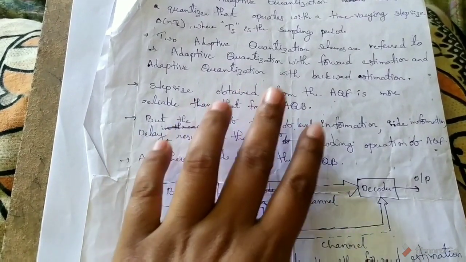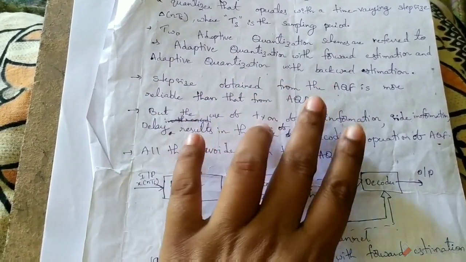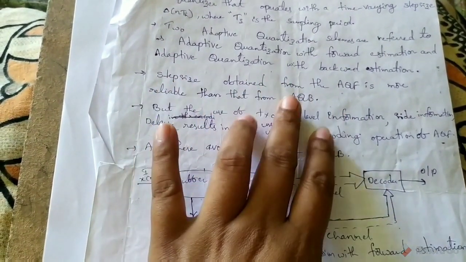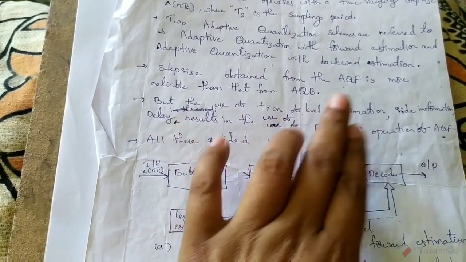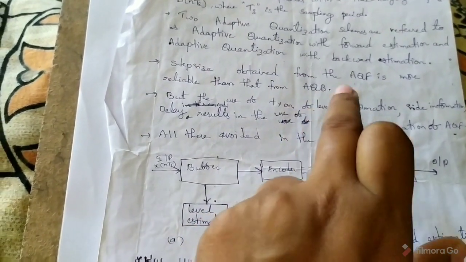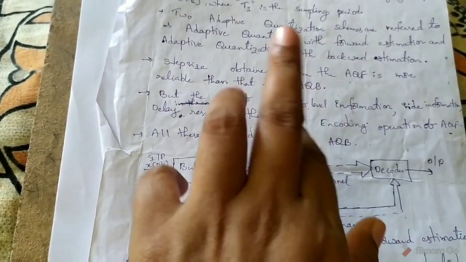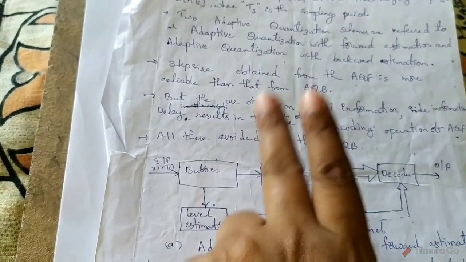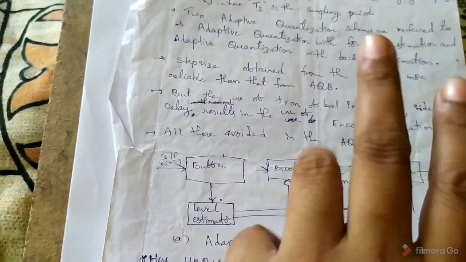Adaptive quantization with forward estimation and adaptive quantization with backward estimation. The step size obtained from adaptive quantization forward is more reliable than that from adaptive quantization backward. So the adaptive quantization forward method step size is reliable.